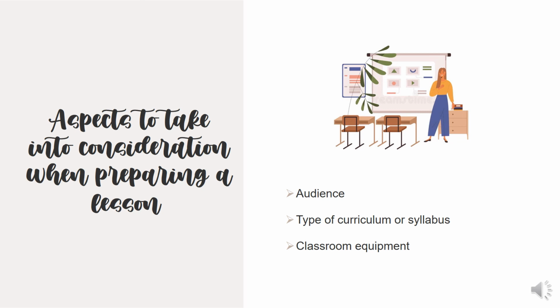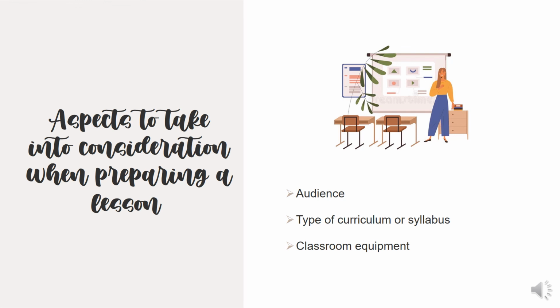you have to see all that before you prepare your lesson. And the classroom equipment. If I'm preparing a lesson where I will be projecting a video, and I don't have a projector inside my classroom, then that's a negative against my lesson for that day.